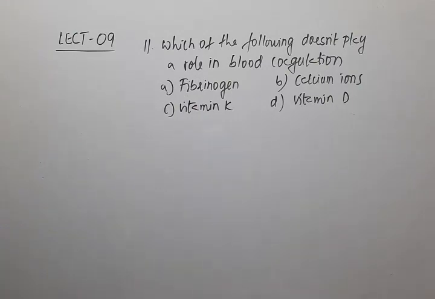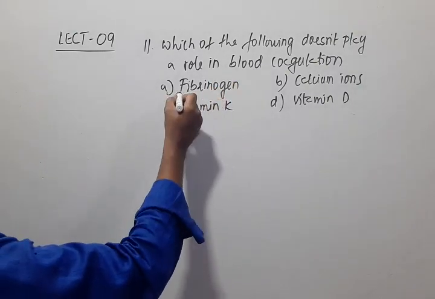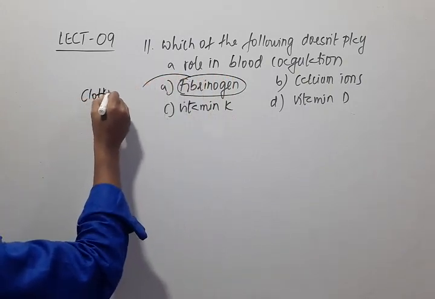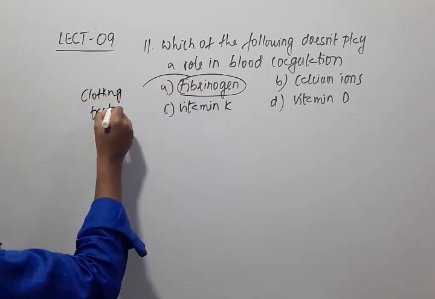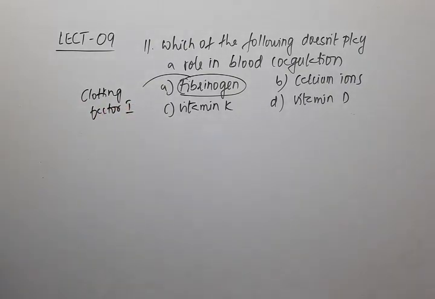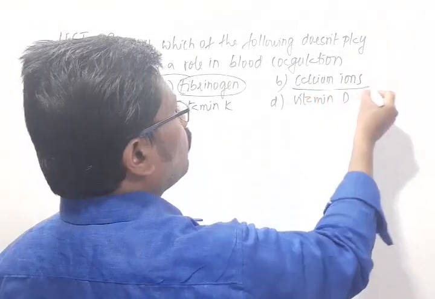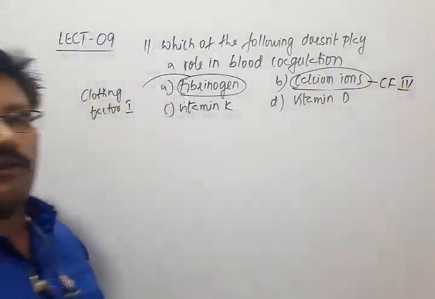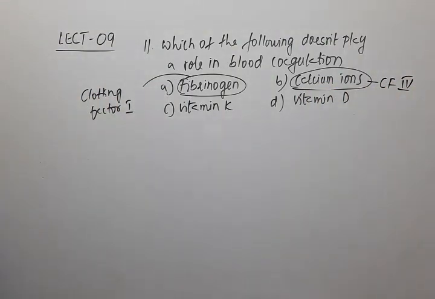We know it is clotting factor 1, whereas calcium ions are clotting factor 4. Okay, so here coming to vitamin D.